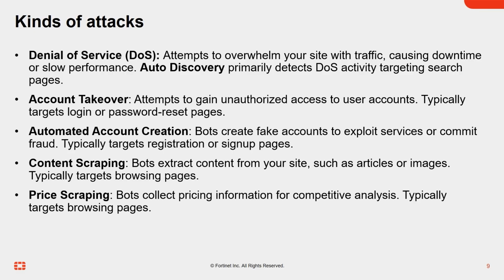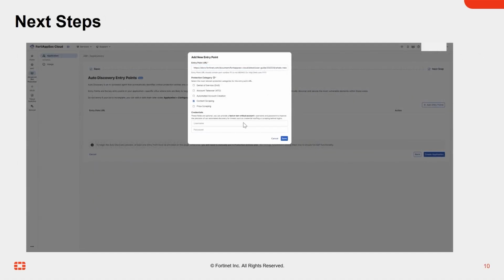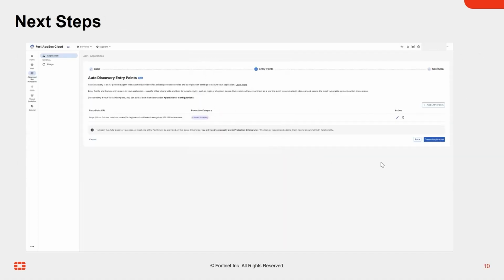Typically targets registration or sign-up pages. Content scraping. Bots extract content from your site, such as articles or images. Typically targets browsing pages. Price scraping. Bots collect pricing information for competitive analysis. Typically targets browsing pages. Once you have finished adding entry points, finish creating the application.